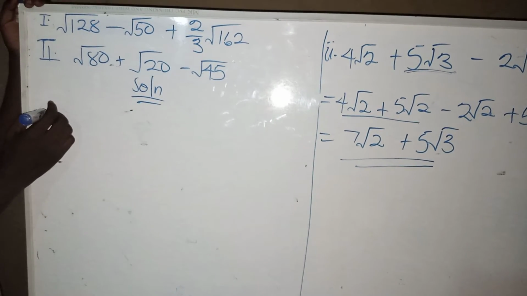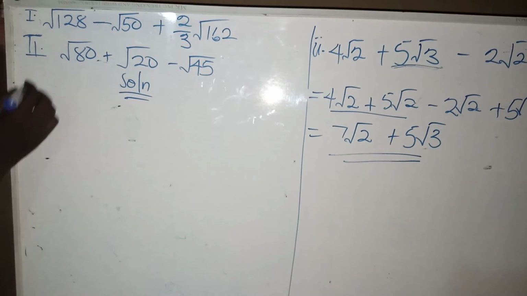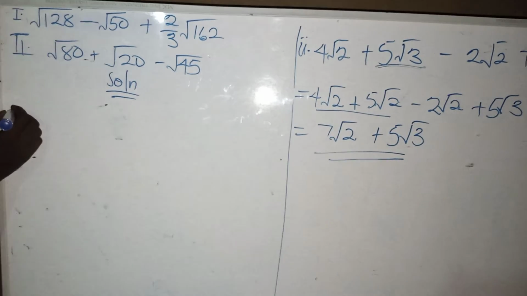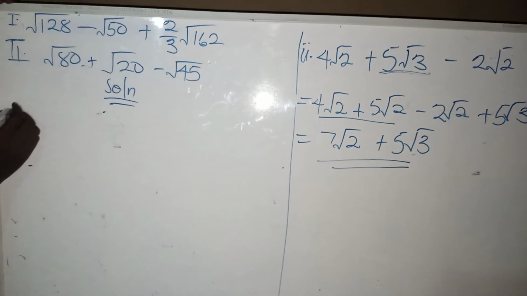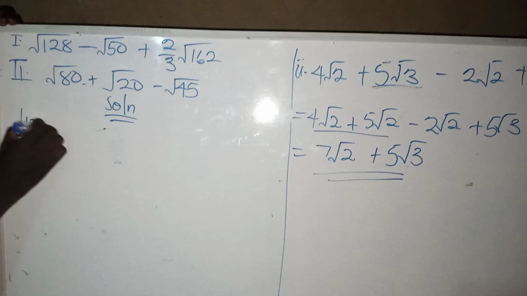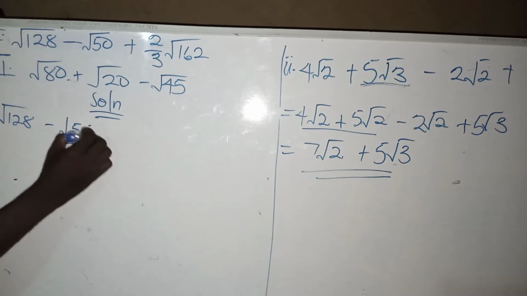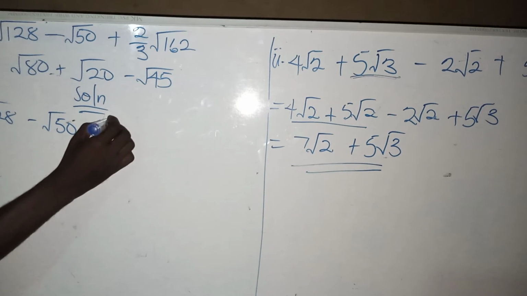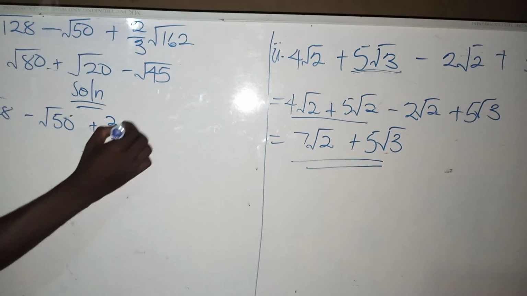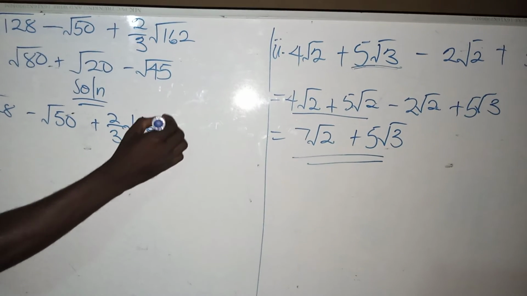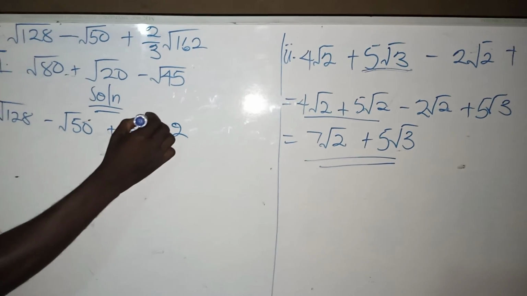Okay, so let's look at another example. Now we have root of 128 minus root of 50 plus 2 over 3 root of 162.